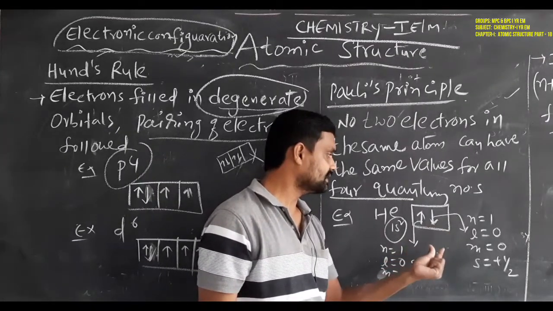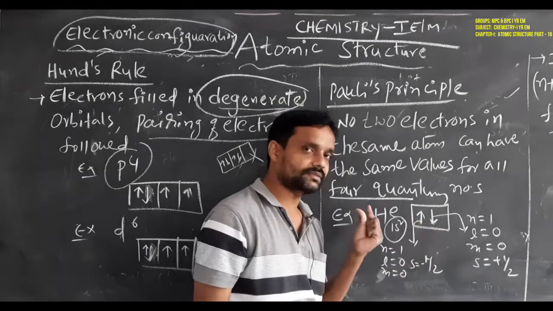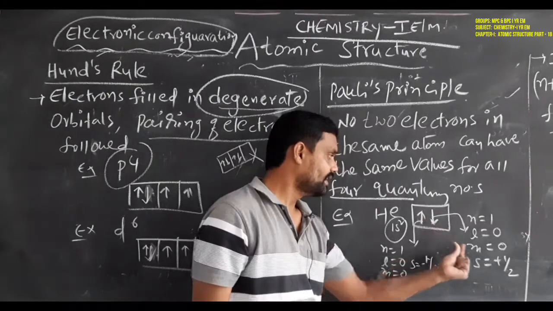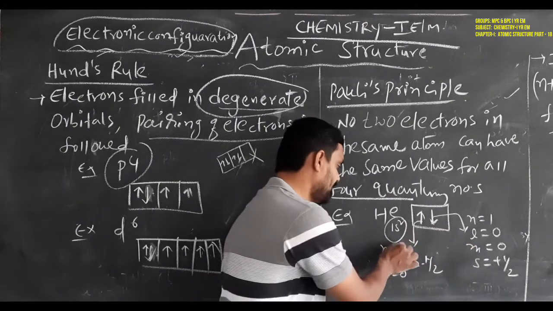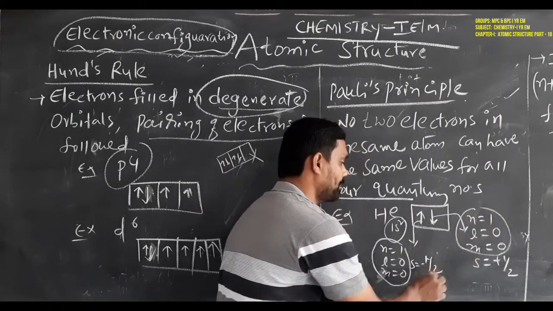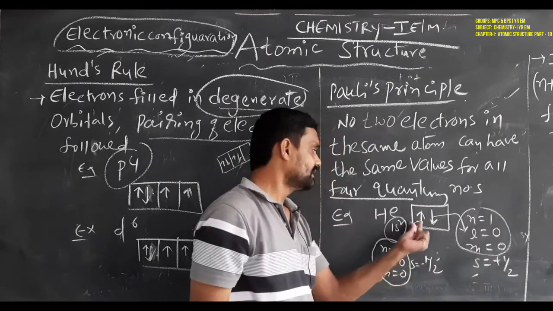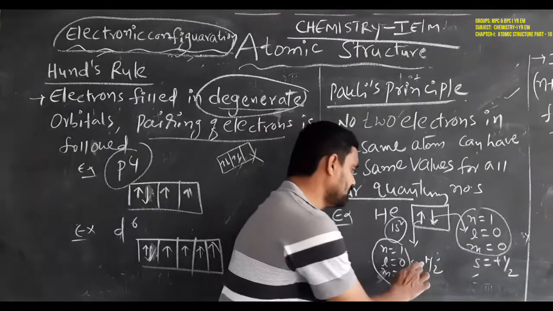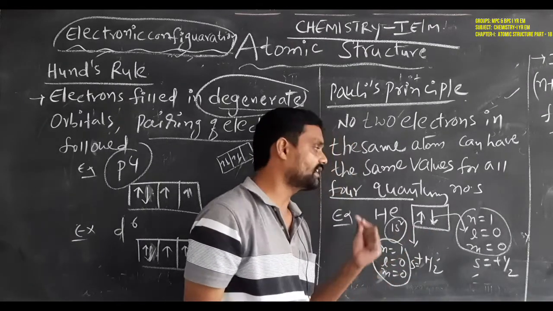The second electron is also present in the 1s orbital, so n value 1, l value 0, and m is 0. That means n, l, m values are the same but they differ in the s value. This electron is present in the clockwise direction, so s is equal to plus half for this electron.